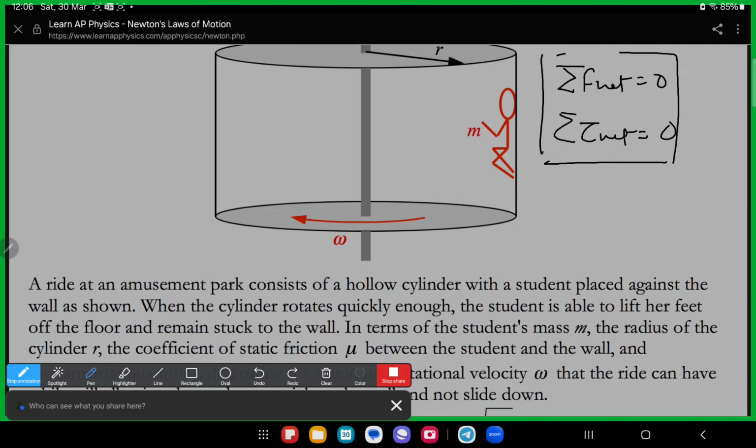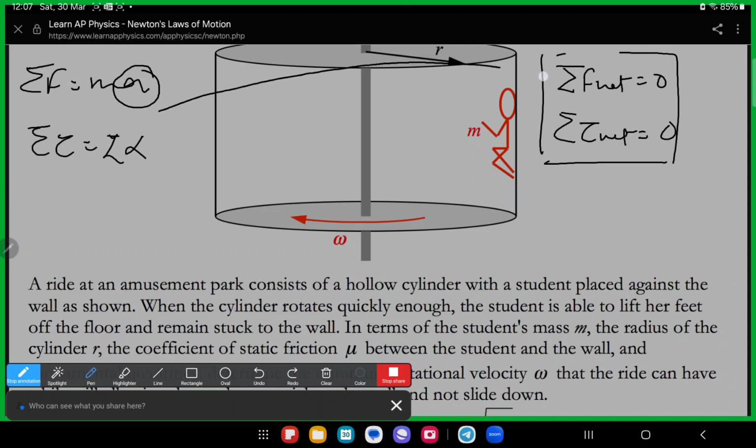As you know, net F is equal to ma, and net torque is equal to I alpha, angular rotation. So if a is 0, we can reach this situation. If alpha is 0, means no rotation, we can reach this situation. This is called the equilibrium situation. Clear?